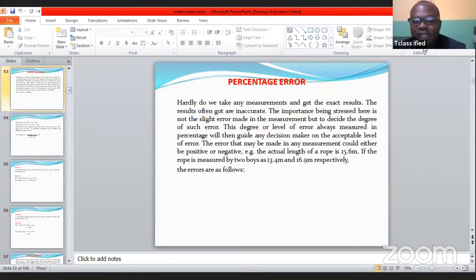Oluwaseyi, just looking at this statement that the actual length of the rope is 15.6 meters, and two boys from your class measured this rope. One got 13.4 and the other one got 16.9. Can you tell me the errors in their measurements and which person is having a positive error and which person is having negative error?